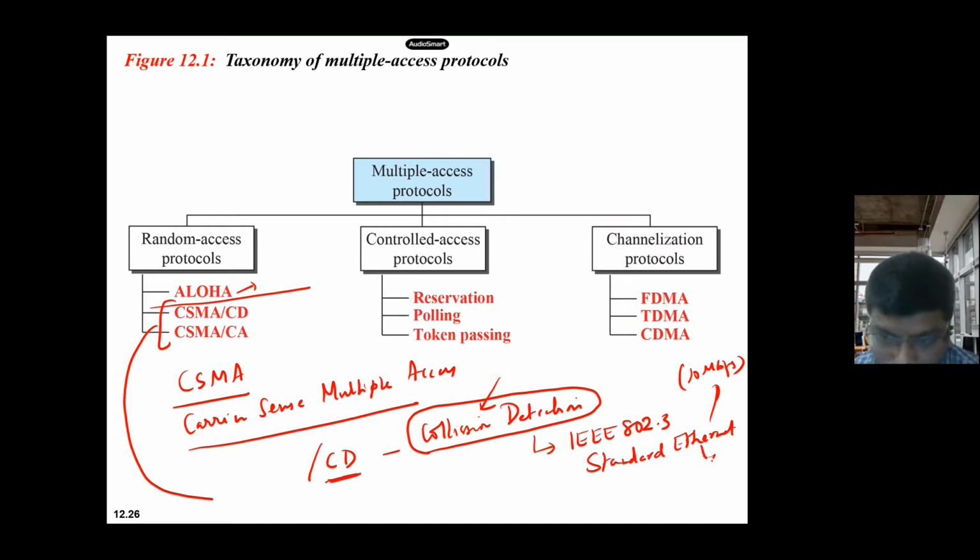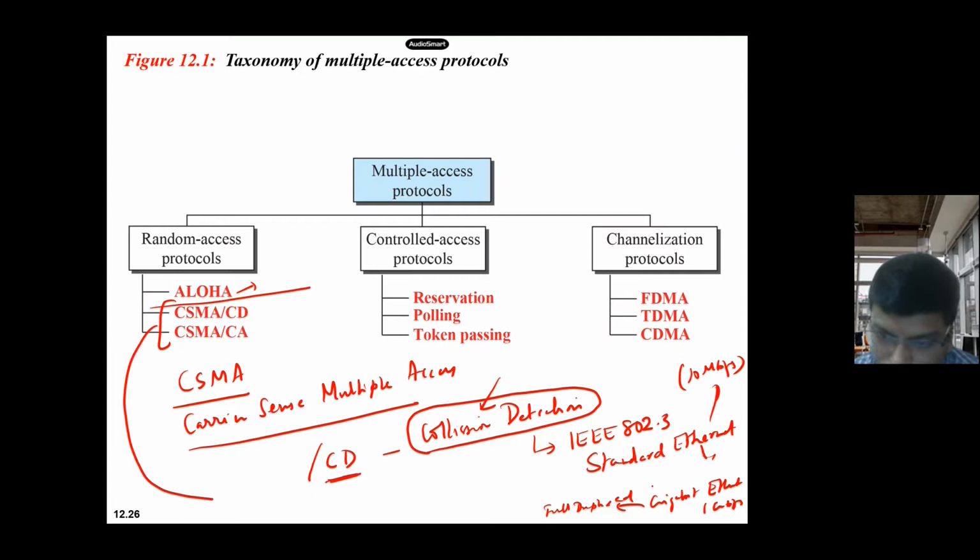But then Ethernet has gone through several evolutions, right? Now we are in a world called gigabit Ethernet, where we are transmitting at a rate of 1 Gbps, right? And we have completely moved to a full duplex Ethernet standard, where simultaneously you can transmit and receive over a dedicated link, and star topology has outdone all that, right?